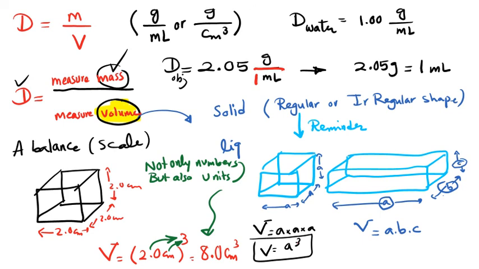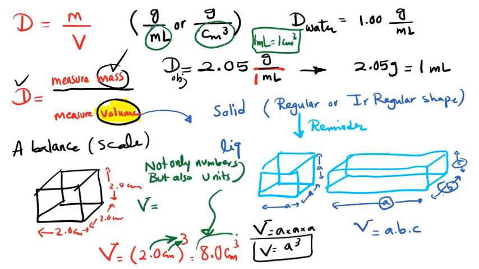And I already talked about that. 1 ml, as you see here, is like 1 centimeter cube. Do you remember that? In another video, I already talked about this. So you may say the volume for this object is 8.0 centimeter cube or 8.0 ml.